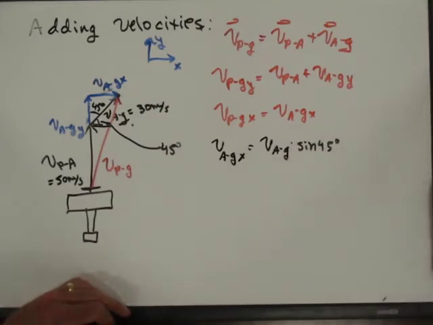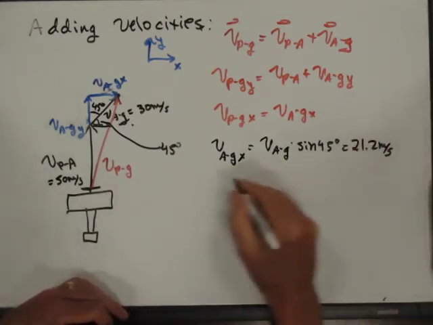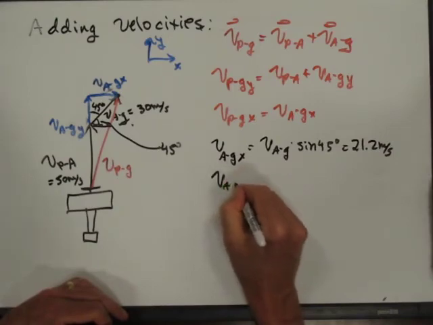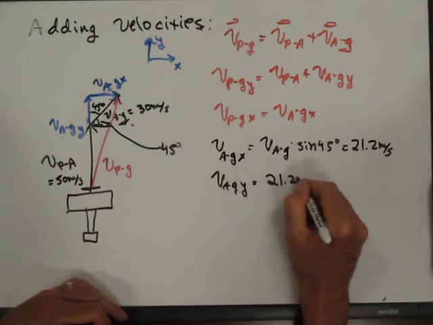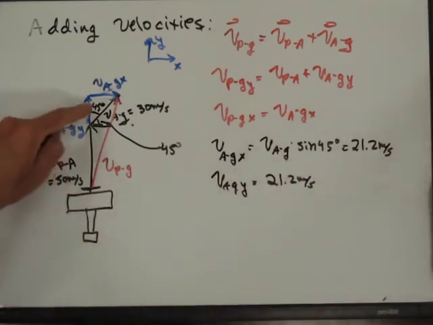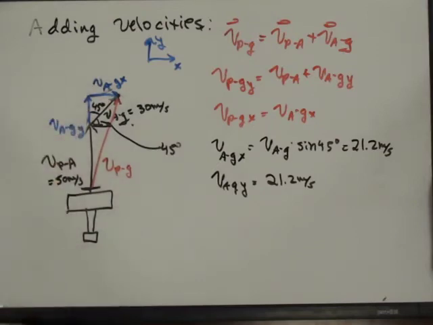And that's 21.2. And that means that the velocity of the air relative to the ground along the y direction is also equal to 21.2, because a 45-degree angle has a sine and cosine that are the same.